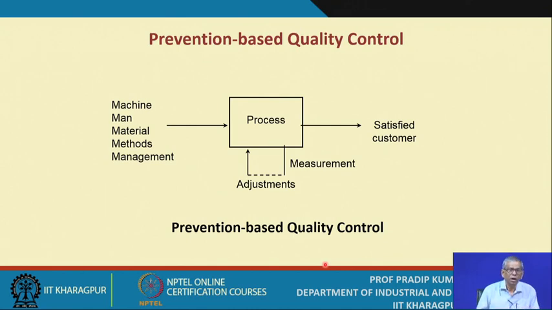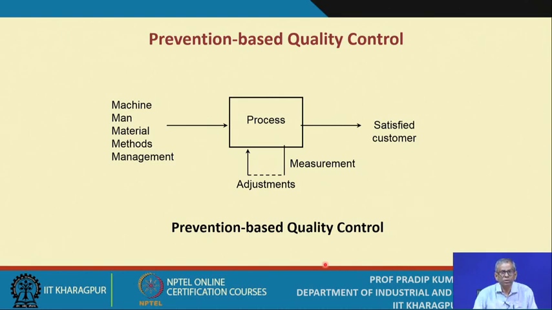Now, before I refer to certain fundamentals of the statistical process control techniques, I am again referring to the prevention based quality control diagram. Is it okay? As I have already told you, the first stage in the evolution of the quality system is inspection, and the next one is quality control.